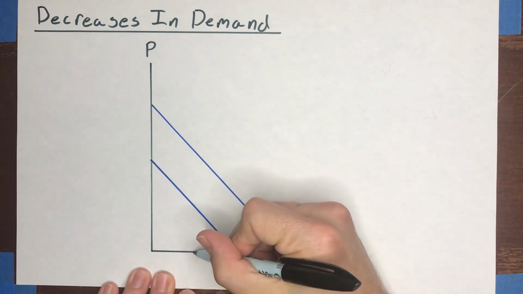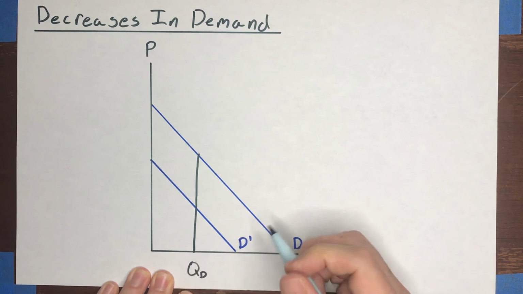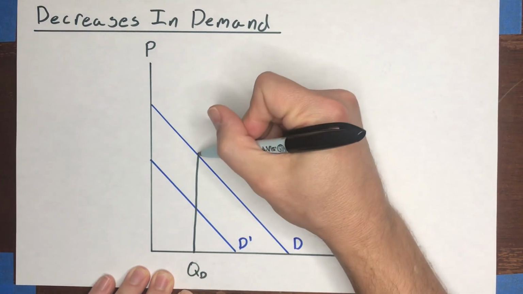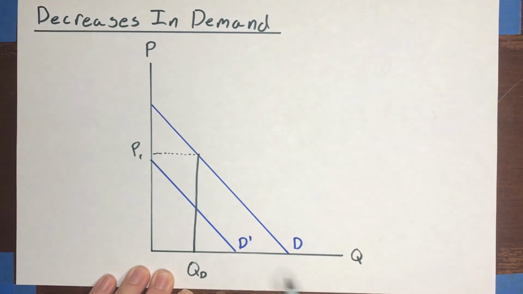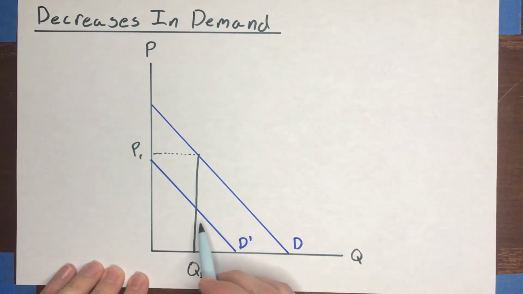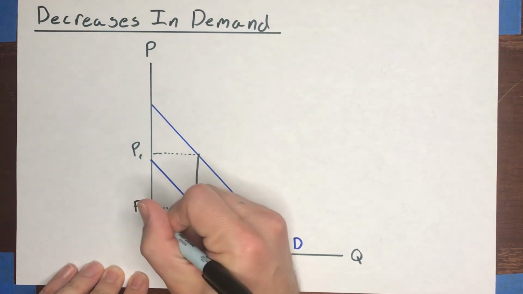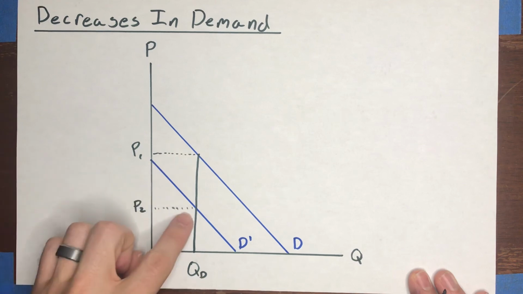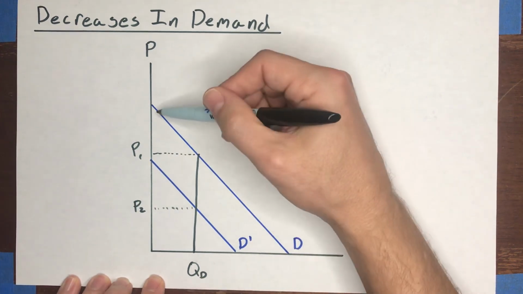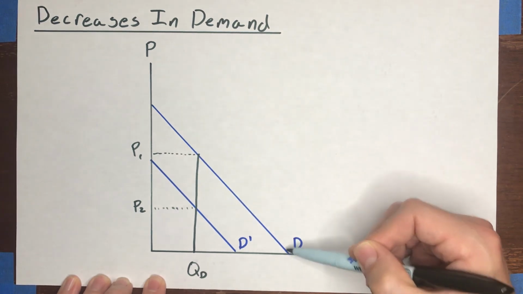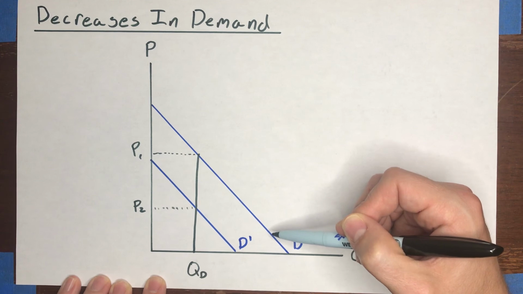Take a given quantity, again I'll call it QD. On the original demand curve, you could charge this price here, call it P1. On the second demand curve, you would have to charge a lower price, call it P2, to sell that same quantity of units. Once again, that's true everywhere along this demand curve.